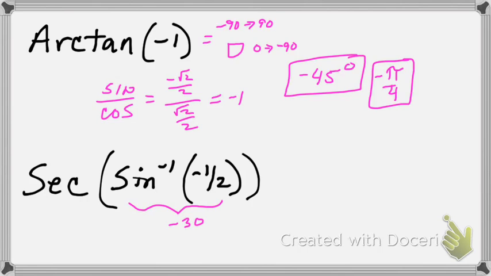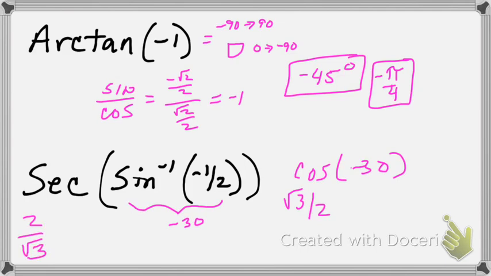And then you're supposed to find the secant of -30. Well, to find the secant, first you have to find the cosine. And the cosine of -30 is root 3 over 2. So to find the secant, we just flip it and rationalize the denominator. Correct answer, 2 root 3 over 3.